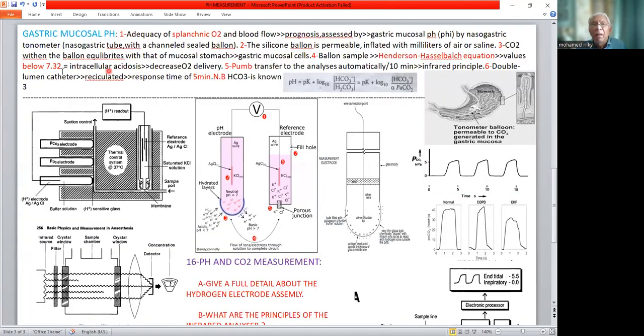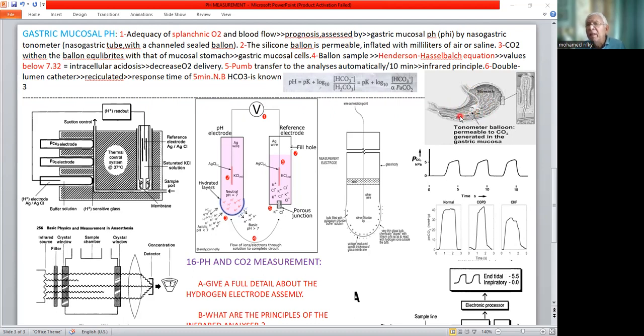The last point we'll talk about is the gastric mucosal pH. As you can see, it is a simple rail tube ended by a silicone balloon. This silicone balloon is permeable to carbon dioxide, so we administer it in the stomach.